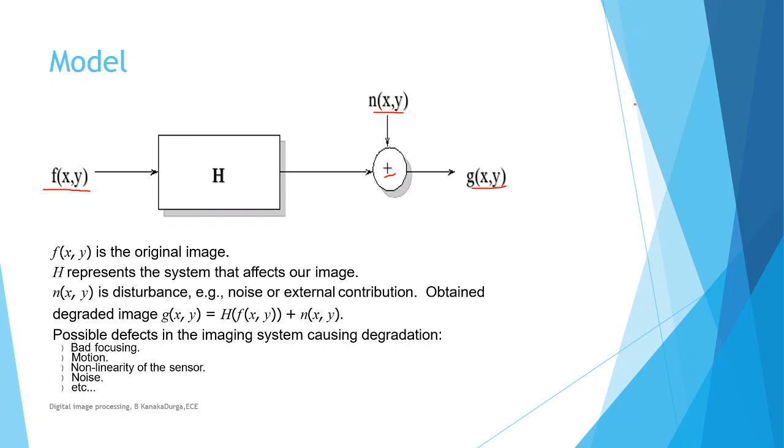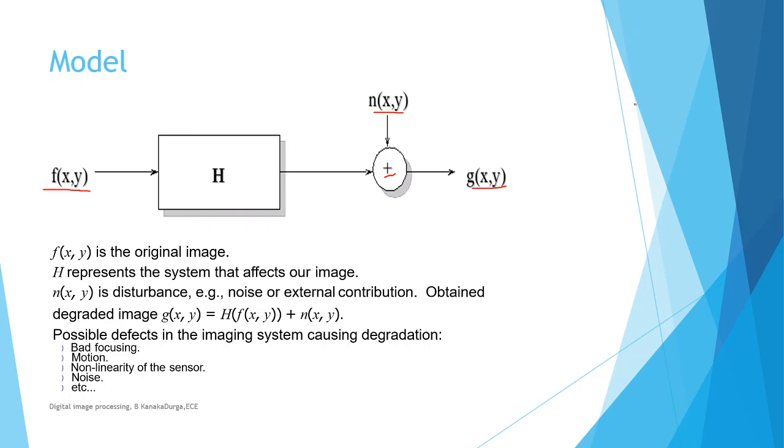How can we go for the restoration process? We have to know why the image looks like this, that is, which parameters have affected it, like when I have taken the photograph in motion, or with a lens that is not properly focused.